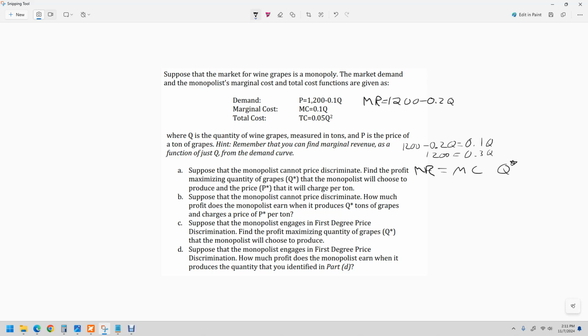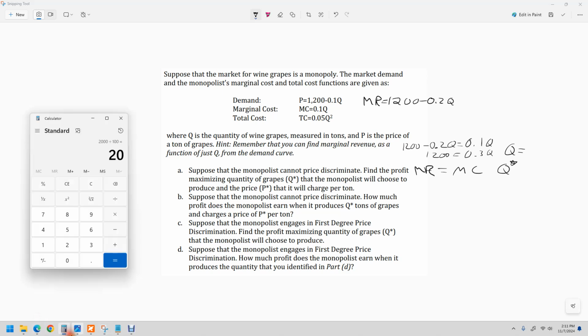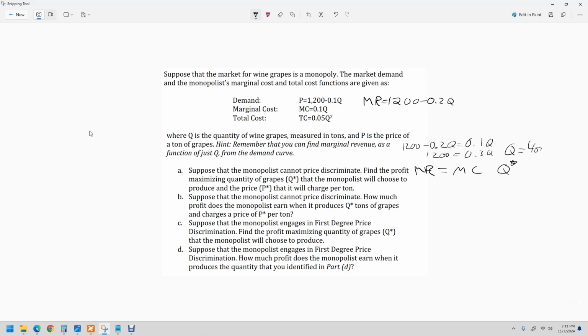And then Q, kind of ran out of space here, Q would equal 1200 over 0.3, which I do not know off the top of my head. So 1200 over 0.3, 4,000. So quantity would be 4,000. So that's the quantity that we're going to produce.